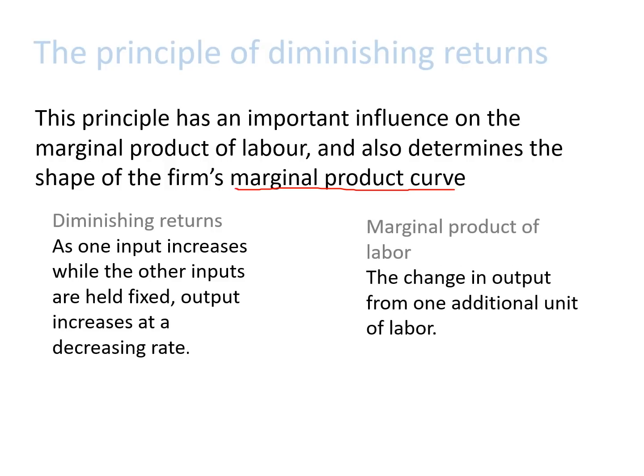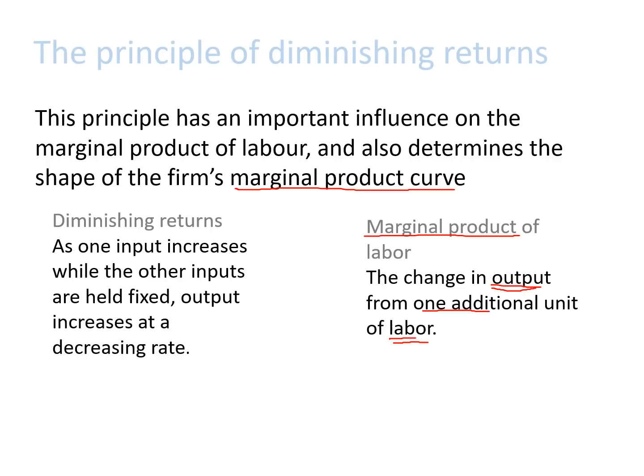The marginal product of labor is how much the output changes from the addition of one extra unit of labor. So in other words, if a company adds one more unit of labor, how much will that increase their output?